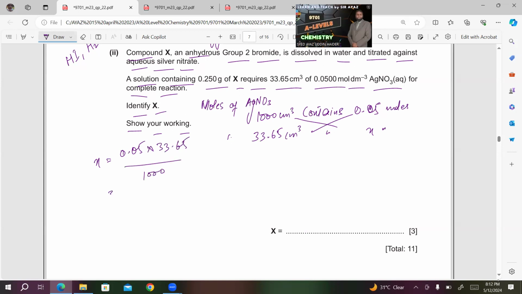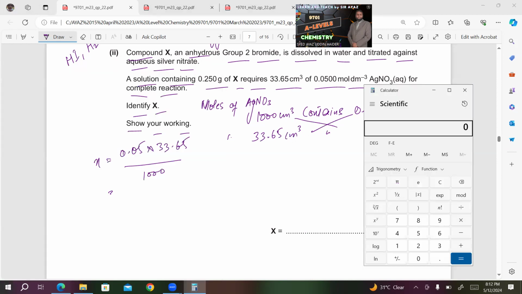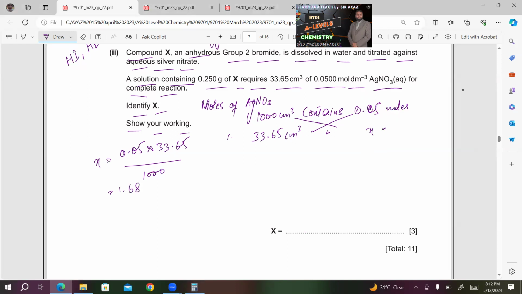So the number of moles of AgNO3 must be 0.0016825, or 1.6825 into 10 raised to power minus 3 moles.